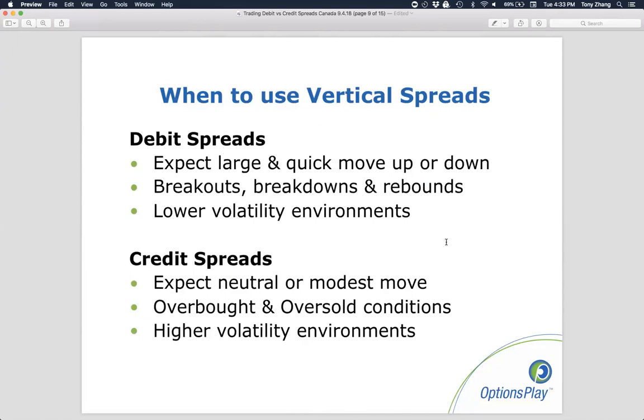So first of all, when we're talking about debit spreads, these strategies are ideal when you expect a large or quick move up or down in the underlying stock or ETF. So it's only useful if you're expecting a fairly large and quick move in one direction or another. This is typical for those of you that are comfortable with using technical analysis for trading or using the charts.